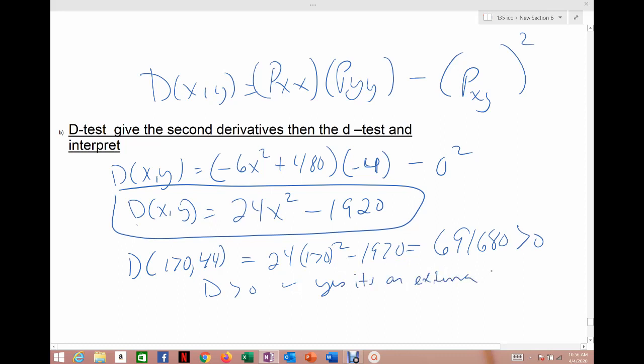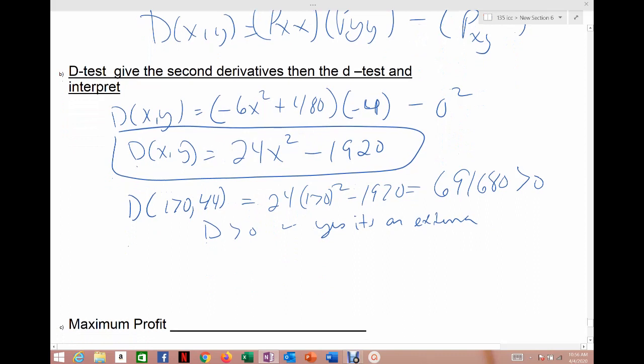All right, now I need to make sure it's the one I want. Now technically you could do XX or YY. If you do XX, you do have to plug your point in because remember that was the derivative with respect to x. And so negative 6x plus 480. We'll plug in your x value, which was 170, plus 480.